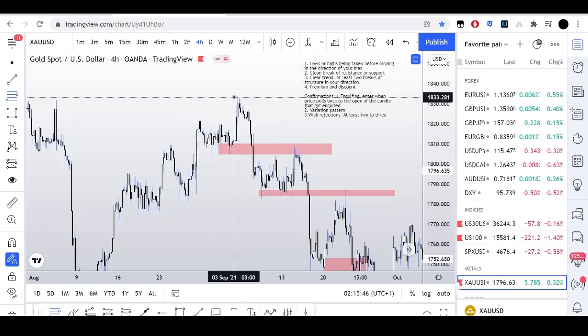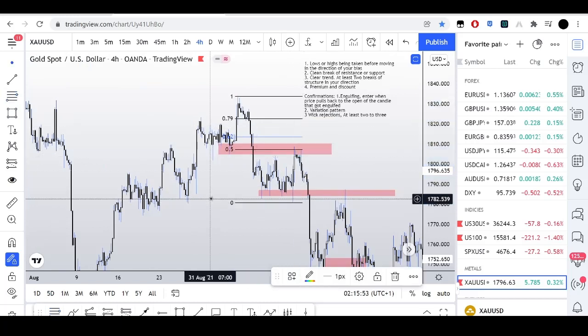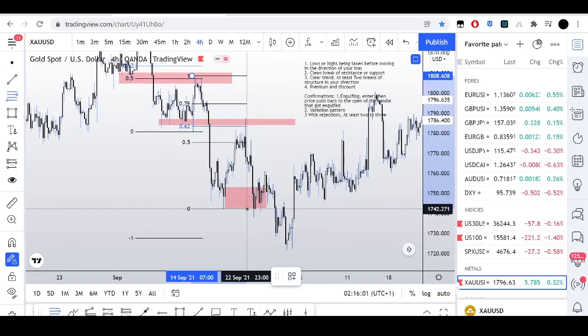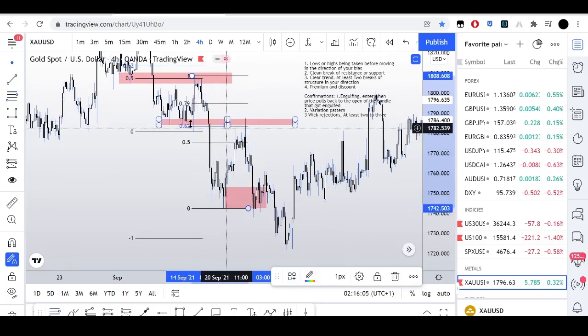Let me show you guys this one here. Look, 50%, and this one right here from this swing high to this swing low. It came up to the 50%. 61.8 is somewhere inside of here.